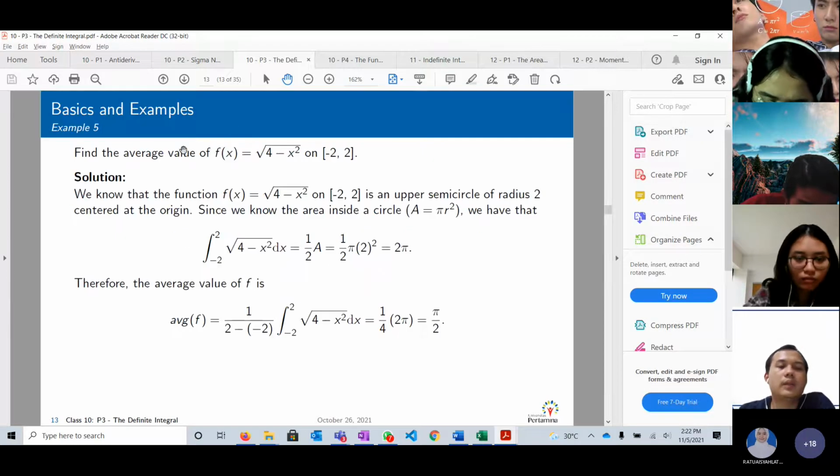So, find the average value of f of x equals square root of 4 minus x squared on minus 2 up to 2.